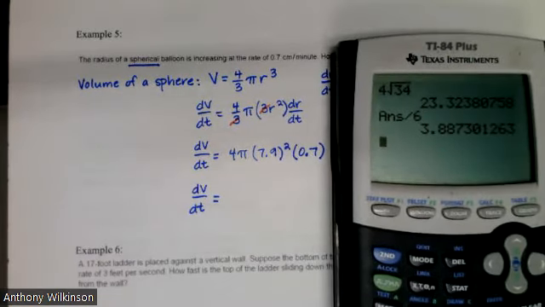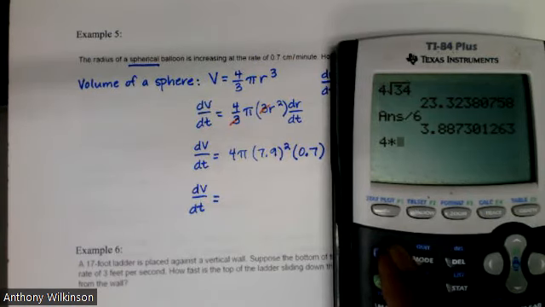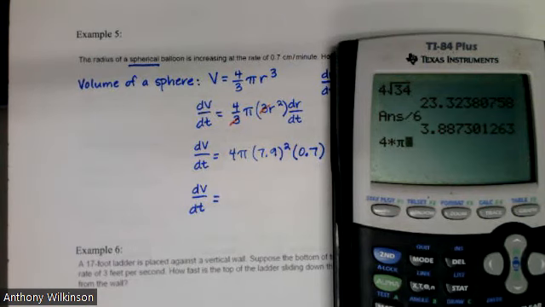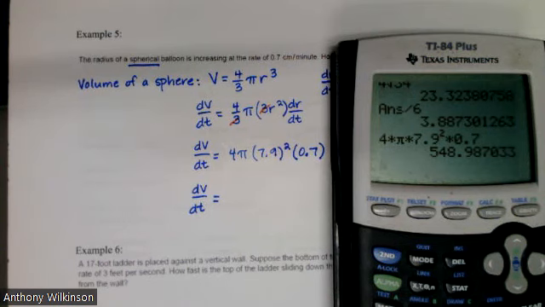Okay, so let's see here. 4 times, on this calculator, if I do second and hat for the pi, times 7.9 and then square it, times 0.7. Let's say I want to round this to the nearest whole number.